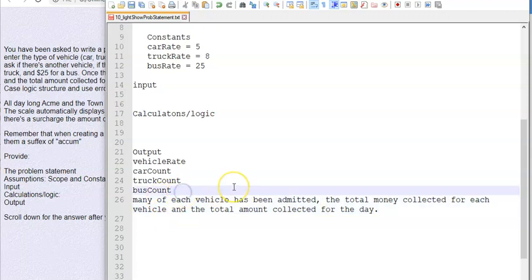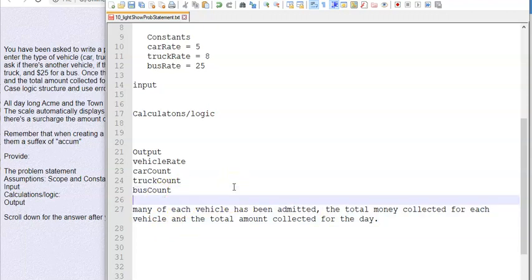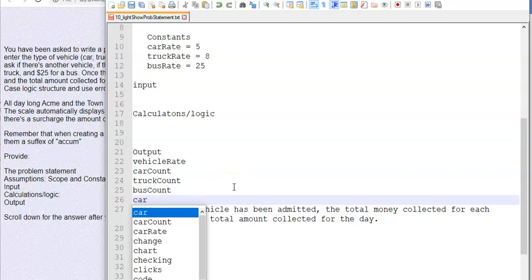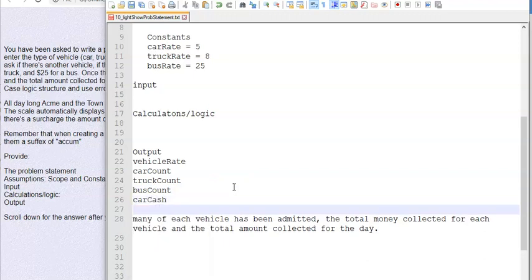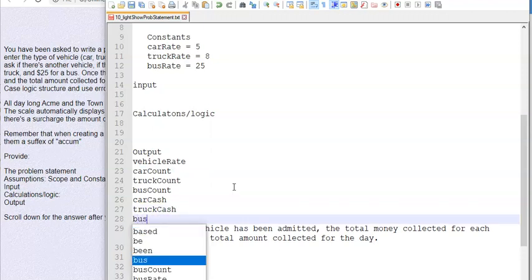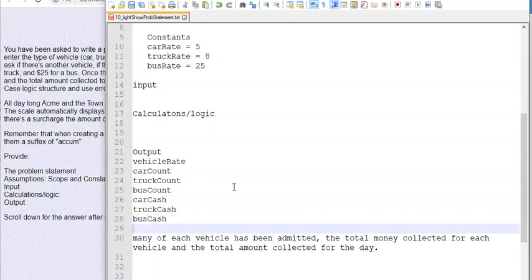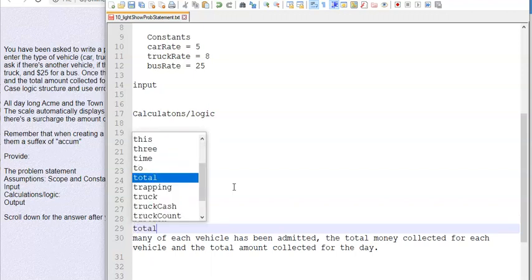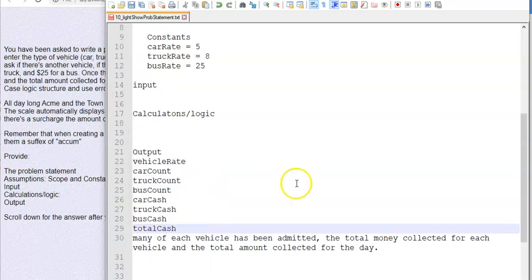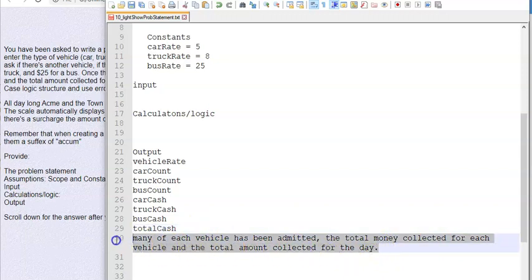So we're going to do the same thing again, except it's going to be car cash, truck cash, bus cash, and then total cash. All right, so anytime you see for each type or each vehicle or each something or other, just know there's more than one. So we have to have separate places in memory for each of those types.